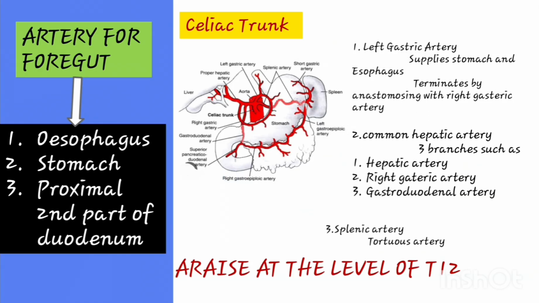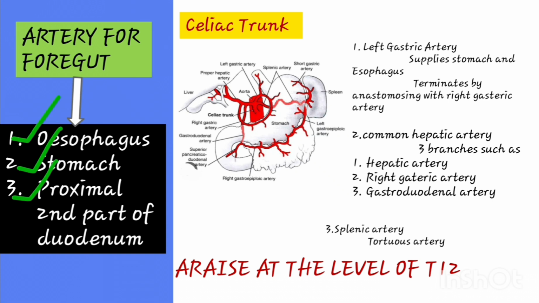This celiac trunk is the artery of the foregut, and the structures derived from the foregut are the esophagus, stomach, and proximal second part of the duodenum, all of which are supplied by the celiac trunk.